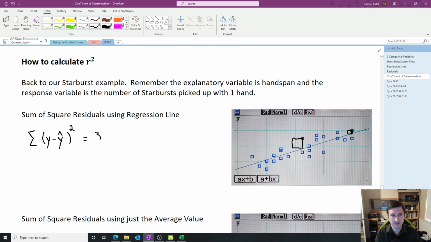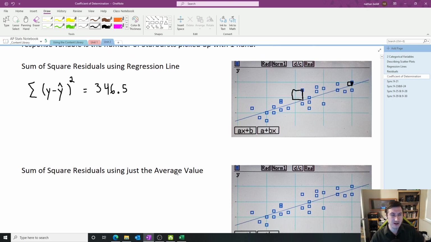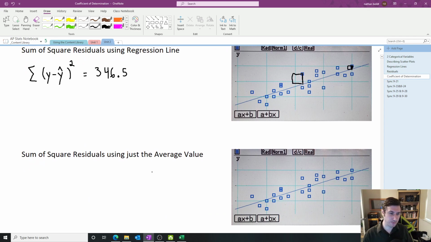So 346.5. Then you do an interesting thing. You do another sum of the square residuals, but you use a different regression line, all right? You use simply the average value as your regression line.